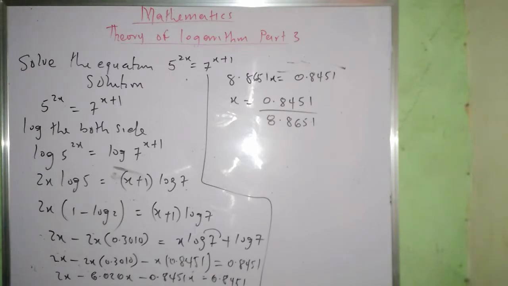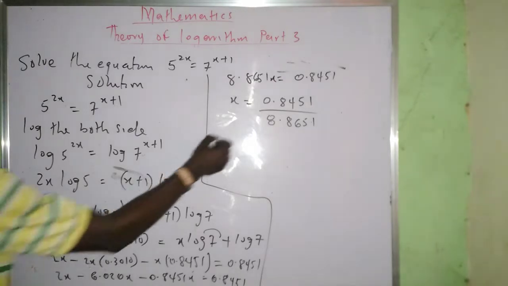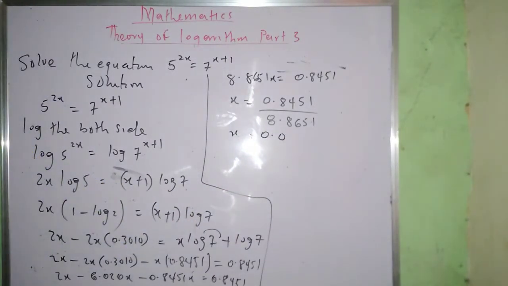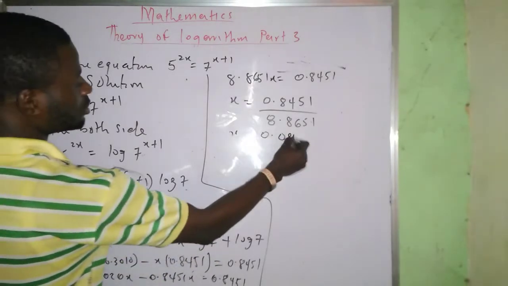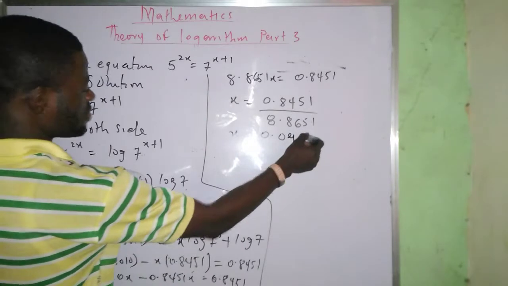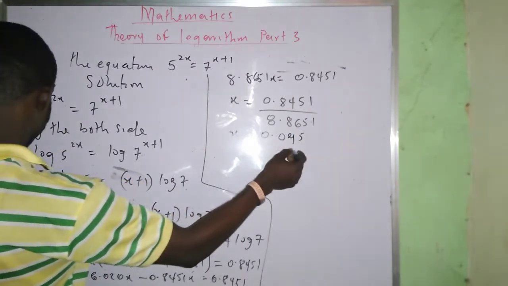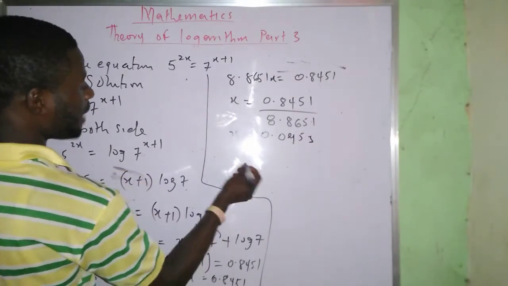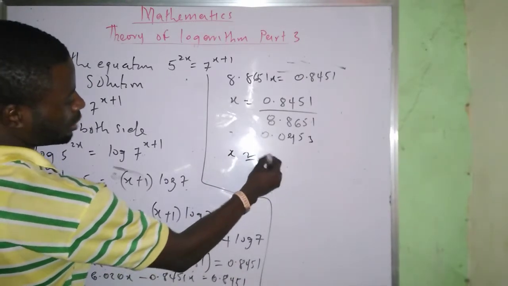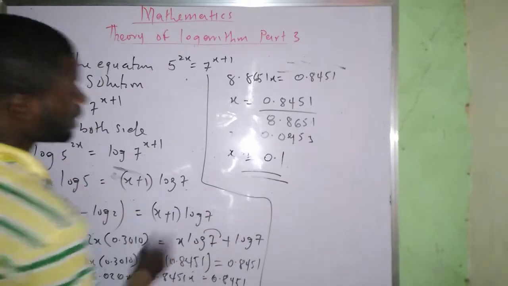My x will be equal to approximately 0.0953. Now I can approximate it: my x is approximately equal to 0.1. That is my final answer.